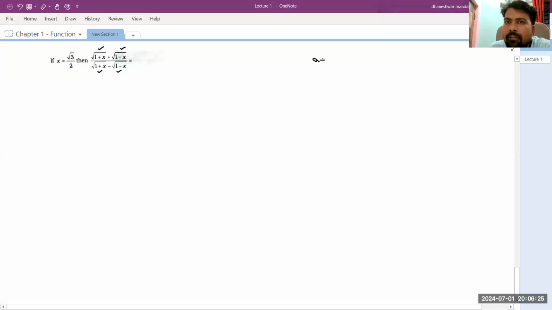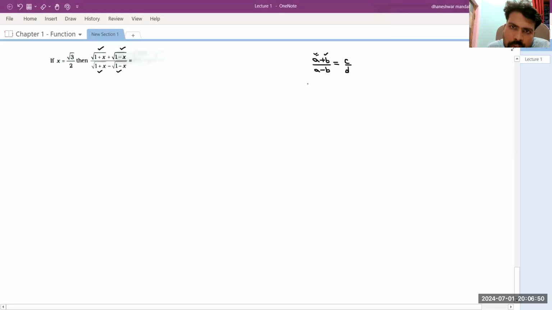If I have a plus b and a minus b, okay, this term is there, and this term is equal to some c by d, and I want to find from here the ratio of a and b. So from a plus b upon a minus b, I am going to find the ratio of a and b.